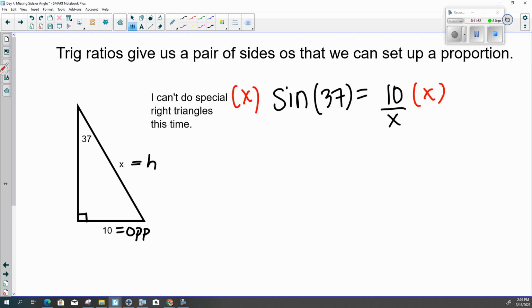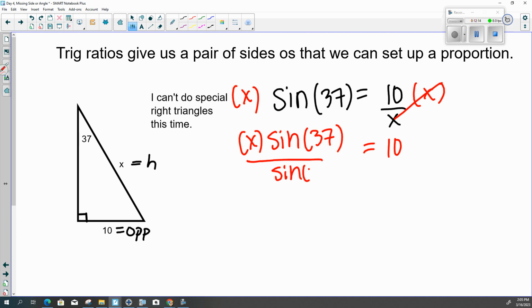This is going to cross cancel. Some of you are going to find a faster way to do it. I'm not going to show that on the board because you shouldn't teach the shortcut right away. Okay, but you'll see a pattern. Martha, what do I do now to find out what x is equal to? And they are a package deal on these.